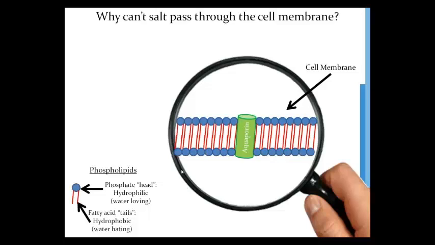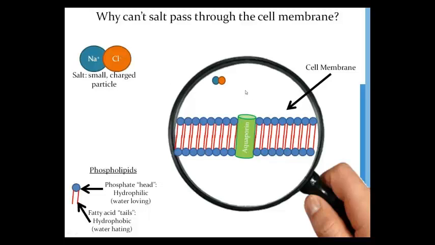So now that we got those basics down, why can't salt pass through the cell membrane? So there's salt. It's made up of sodium chloride. This is an ionic compound, which means that this side is positive and this side is negative. This is a small charged particle. So here's my salt.